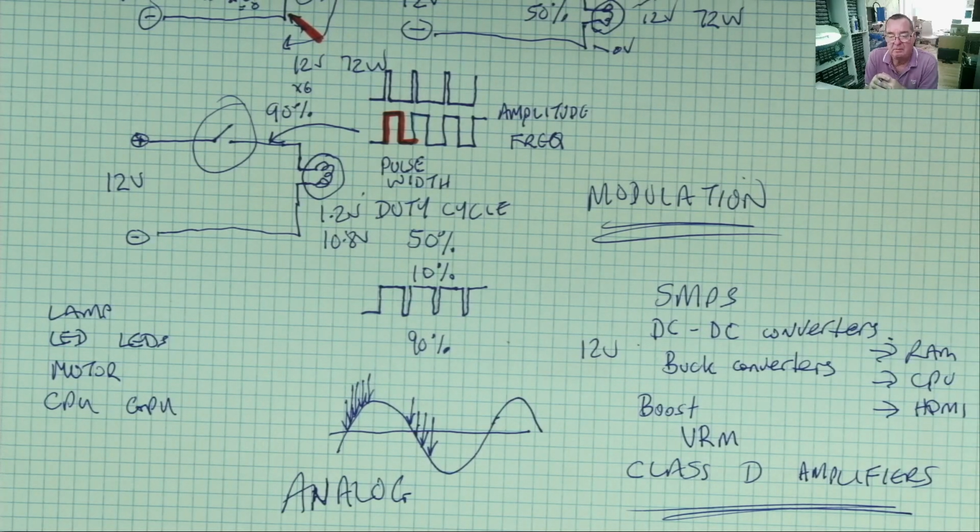So let's have a look now at how to make a very basic circuit that gives PWM, and then let's build that on a piece of breadboard and see how it works. Pulse width modulation is generally implemented with dedicated PWM ICs and microcontrollers. Obviously they can do this as well.